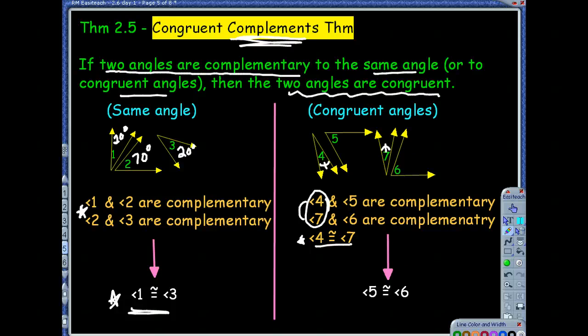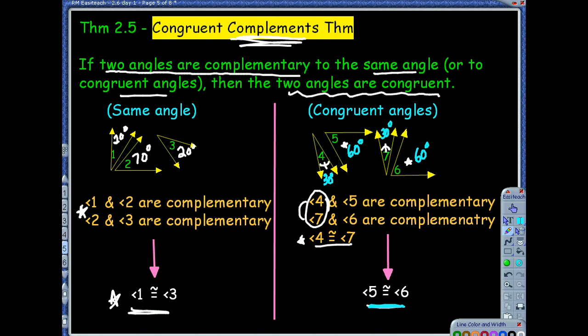So that would make the remaining two angles congruent as well. Again, we could substitute some numbers in. Let's say this is 30 degrees. Well, that would make angle 5 60. And since angle 4 and angle 7 are congruent, angle 7 is 30, which means angle 6 is also 60, which makes these congruent, which is what you can prove.